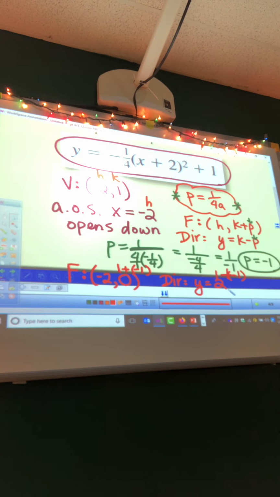Now, I like to graph just to make sure that I found my stuff correctly. Again, remembering that I said a parabola goes around a focus point away from the directrix line. In this case, around a focus point opening down away from a directrix line.